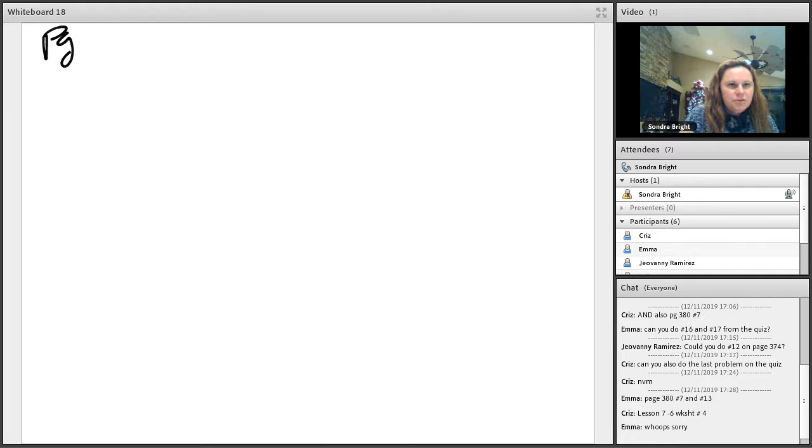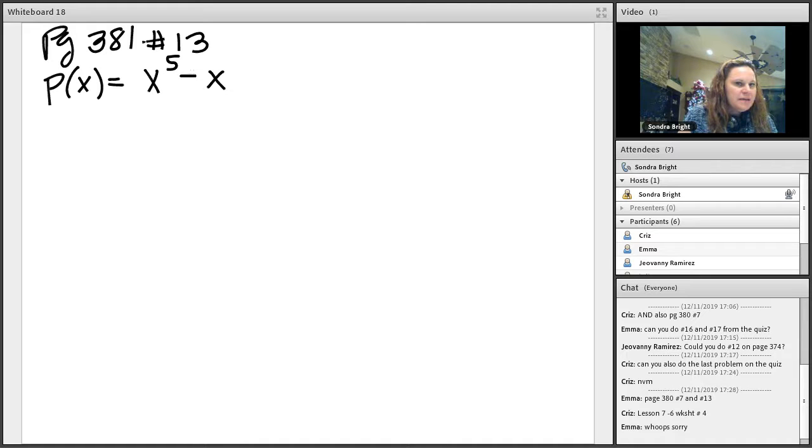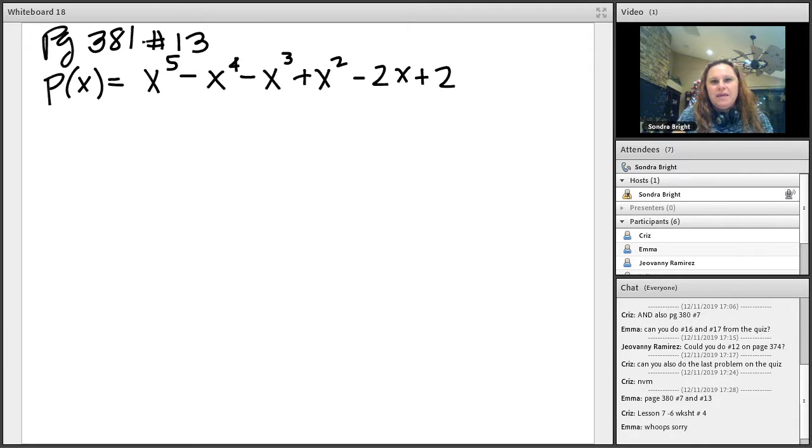So page 381, number 13. So determine all of the zeros of x to the 5th minus x to the 4th minus x cubed plus x squared minus 2x plus 2, given that p of i is a 0.